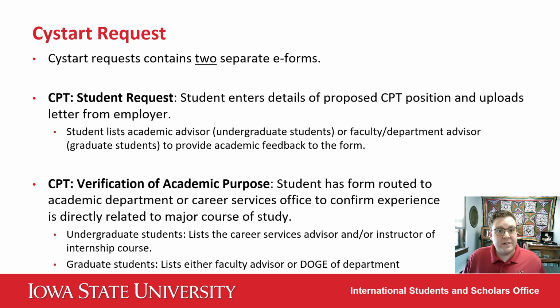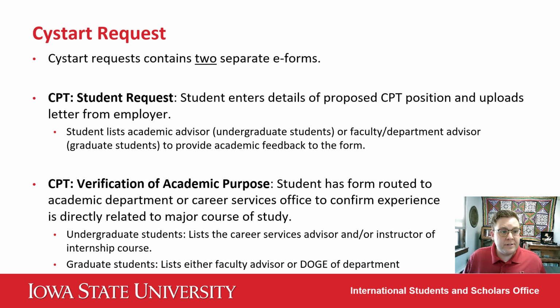First, the CPT student request e-form is where you will enter the details of your CPT experience and upload your employer letter. At the bottom of the form, you will list your academic advisor's name and email, and the form will automatically route to them to provide academic feedback. For undergraduate students, provide your assigned primary academic advisor.